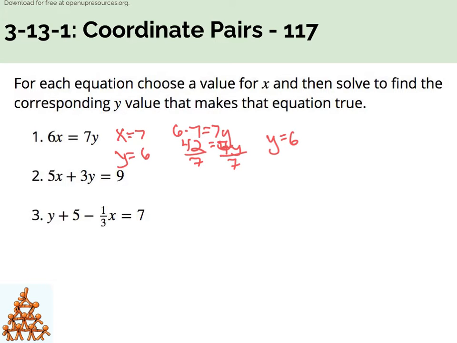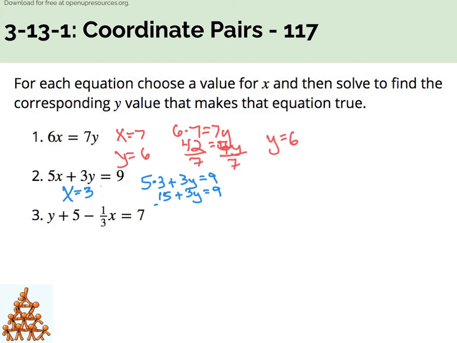Let's do number 2. I'm going to say that my x is 3. Actually, I'm going to change colors to make it a little bit easier. So let's erase that, and then let's say x is 3. So we're going to have 5 times 3 plus 3y equals 9. 5 times 3 is 15.